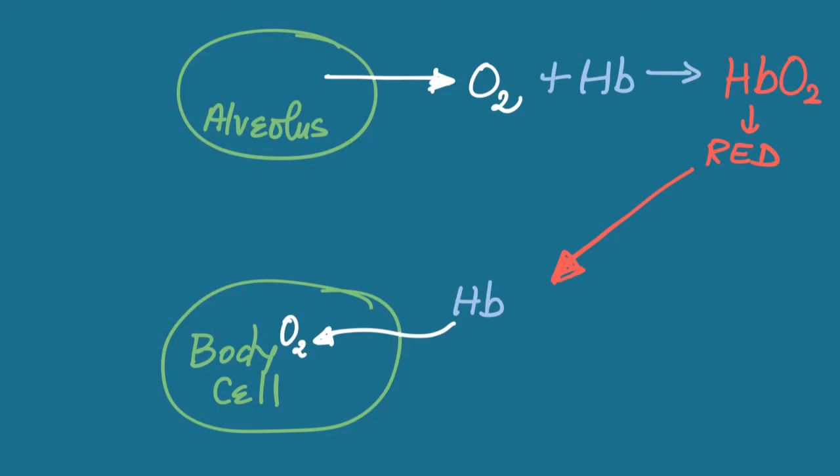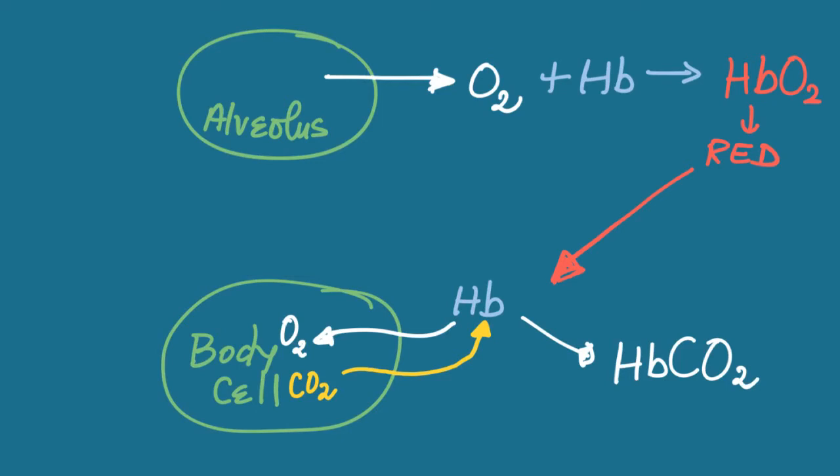The carbon dioxide released from cellular respiration comes out of the body cell and combines with hemoglobin, and the hemoglobin becomes carbaminohemoglobin. So hemoglobin has the ability to bind both oxygen and carbon dioxide. It only binds with carbon dioxide after it has dropped off the oxygen.